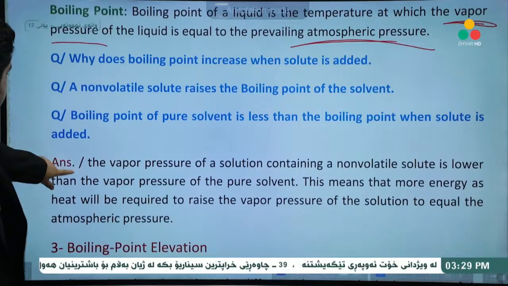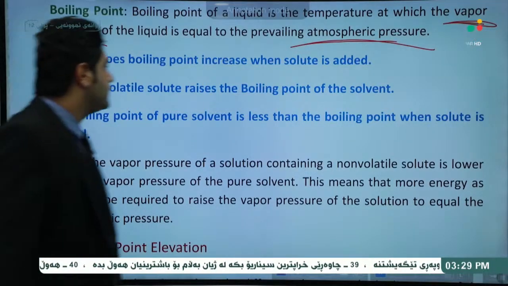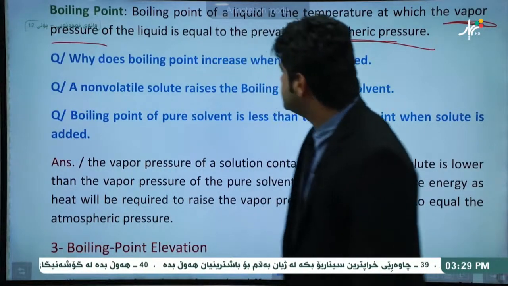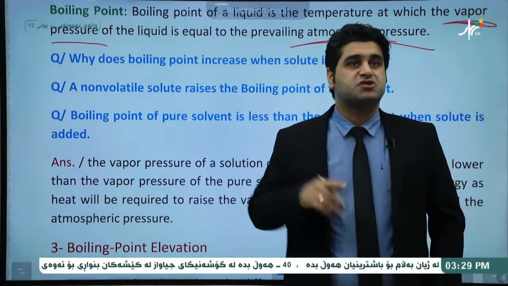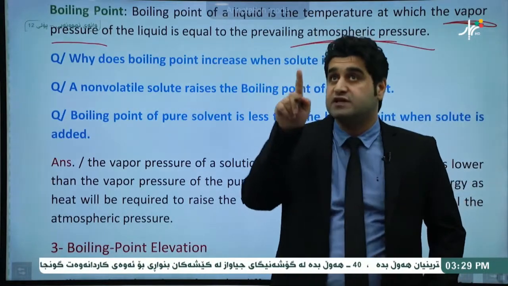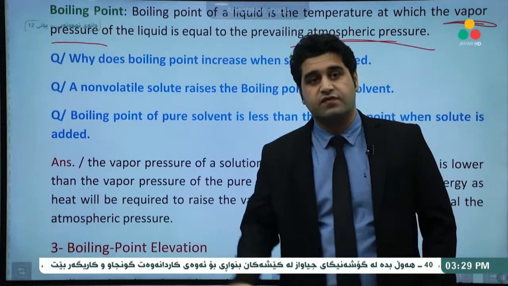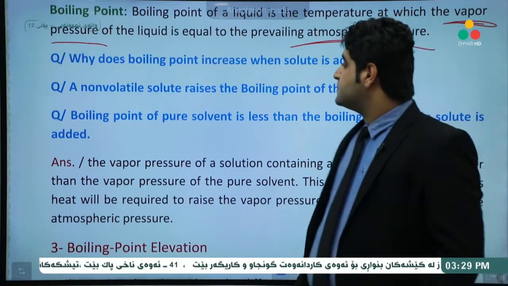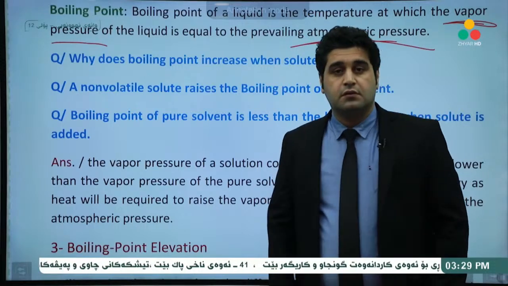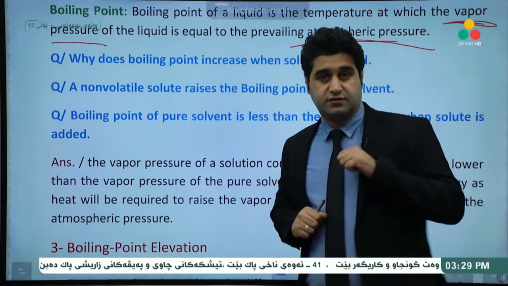Very good. So that's about the boiling point. If you are asked why the boiling point of that solution is so high, the answer is that it has low vapor pressure. Why is the boiling point of that solution very low? Because it has high vapor pressure.